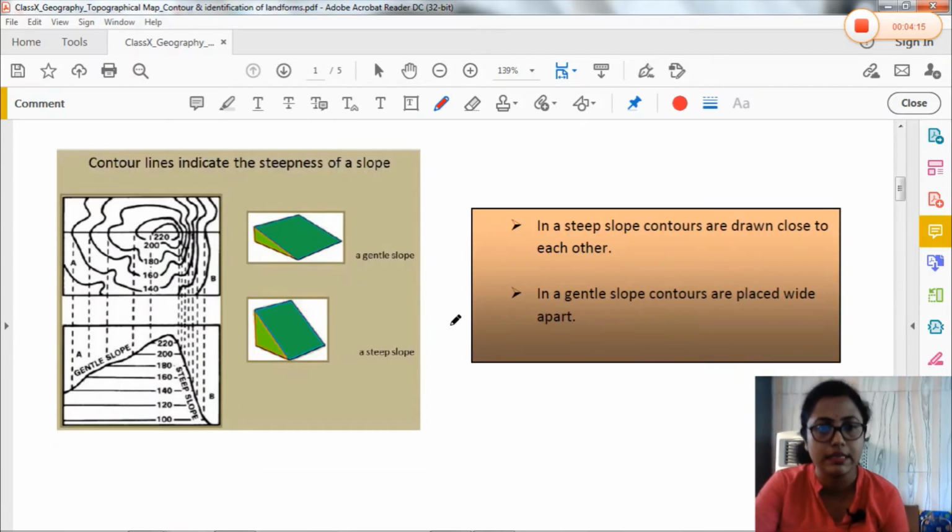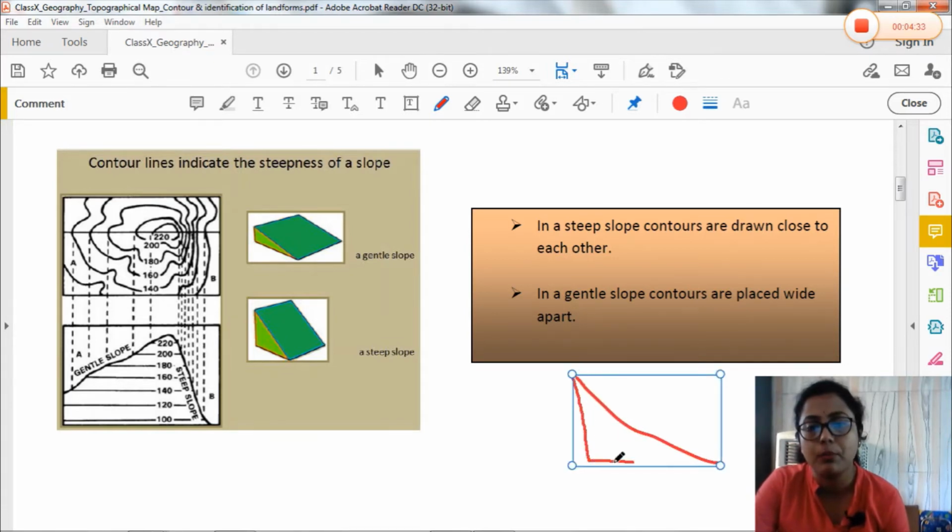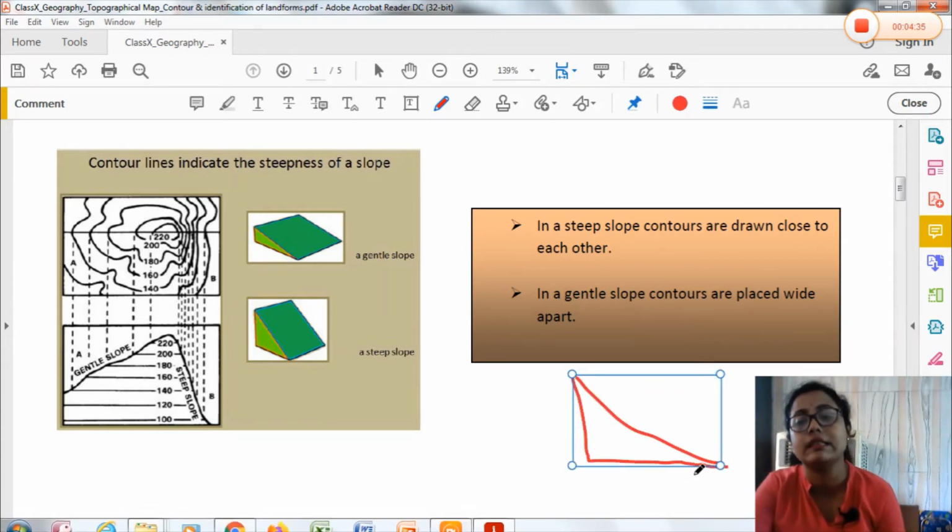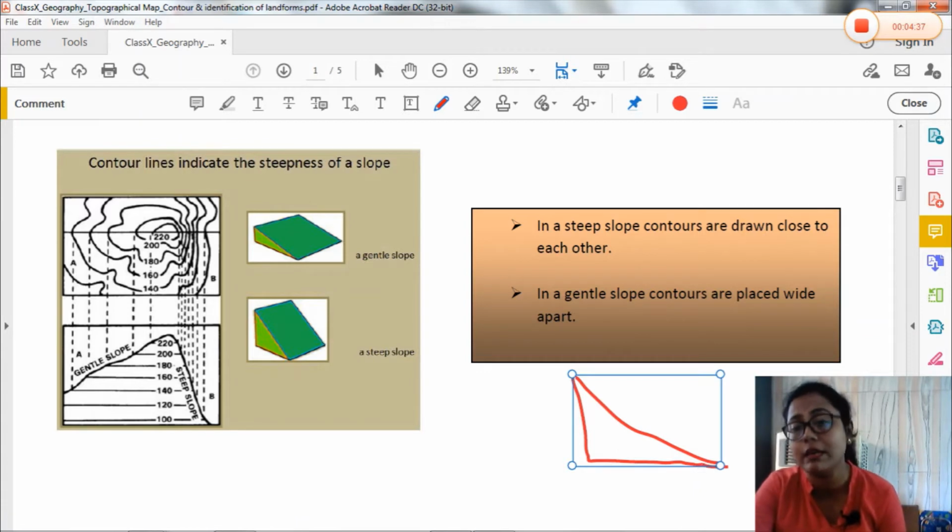By observing the contour lines, we can understand the nature of the slope. As you all know, there are mainly two types of slope. One is the steep slope, a steep type of topography. We mainly see this in hilly mountainous regions, in the northern part of India, the northeastern hilly region, and the southern hilly region.